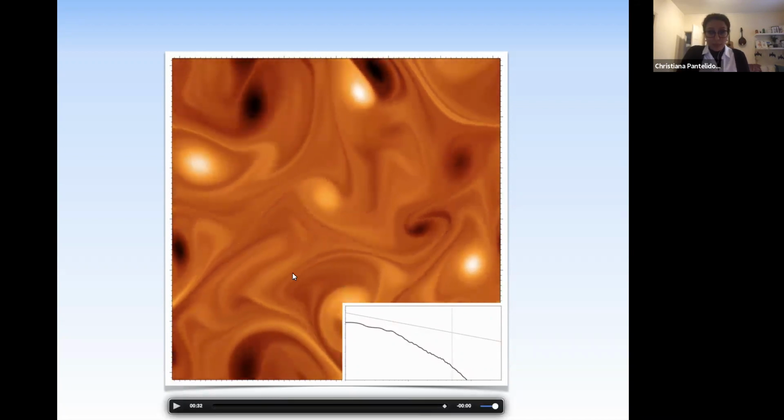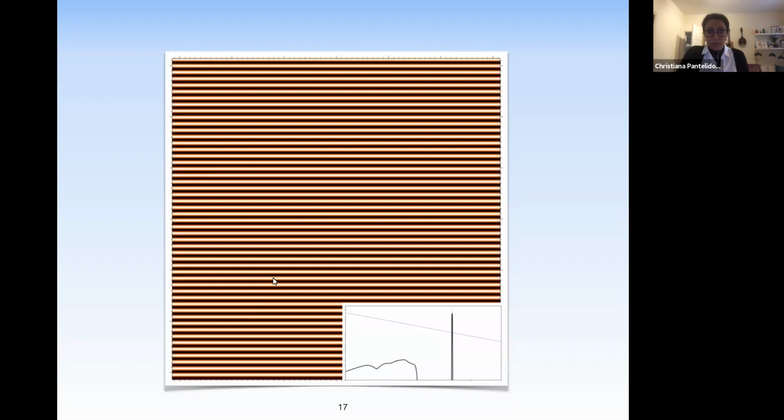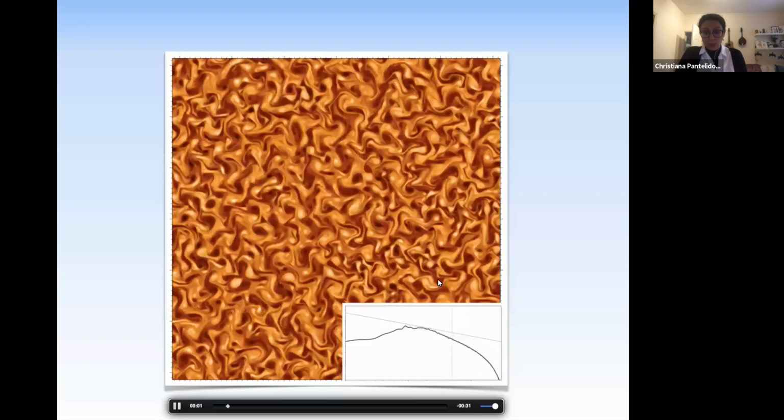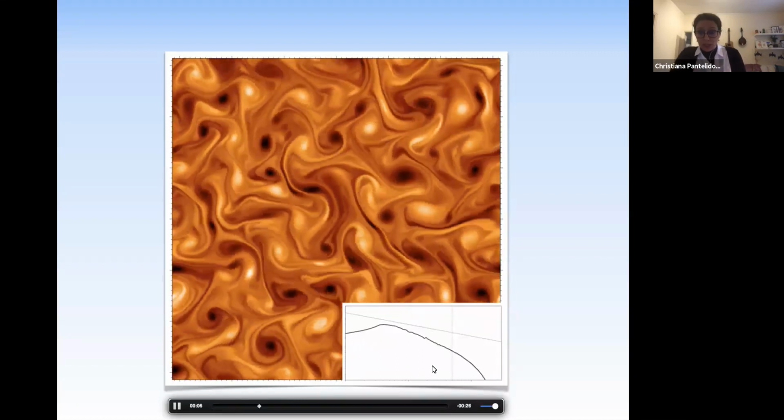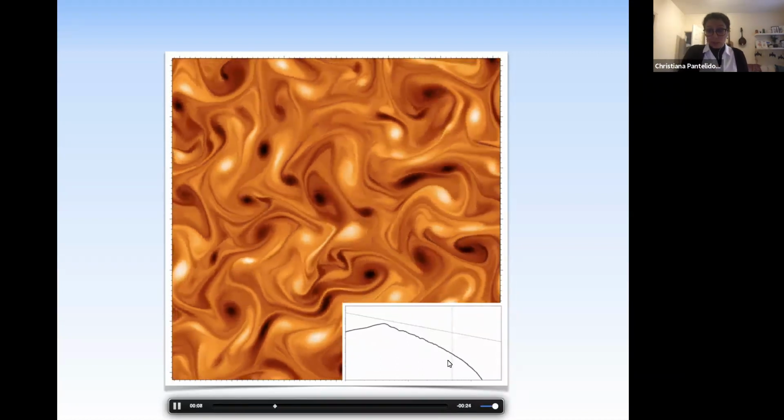So let me now play this again and just focus on the power spectrum. As soon as I let go, you see that the peak that we had there is essentially removed, because that was associated with the initial data.